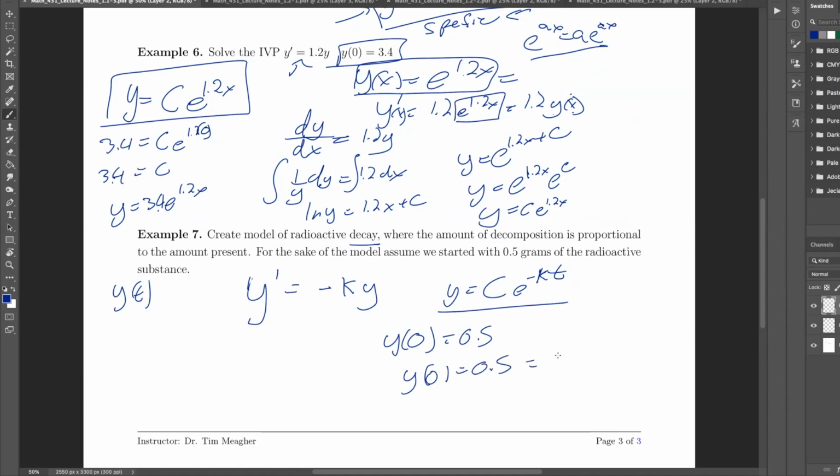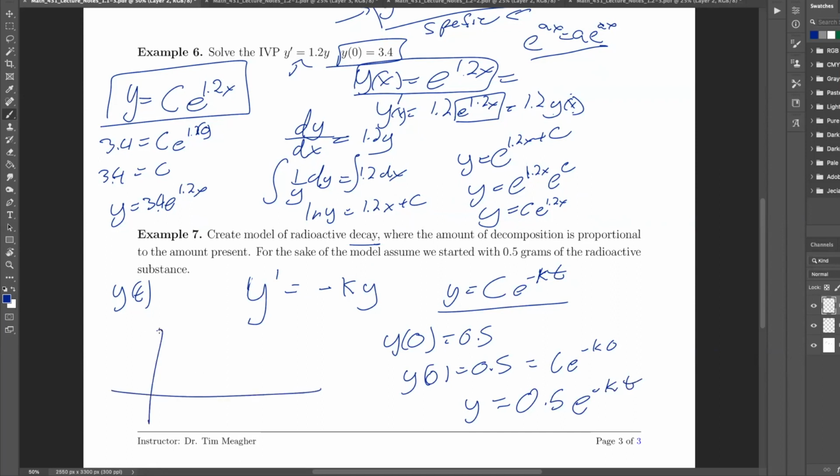I guess that's just kind of being redundant. e to the minus k times 0. I don't know what k is yet, but 0. This ends up being 1. So my specific solution here is 0.5 e to the minus kt.